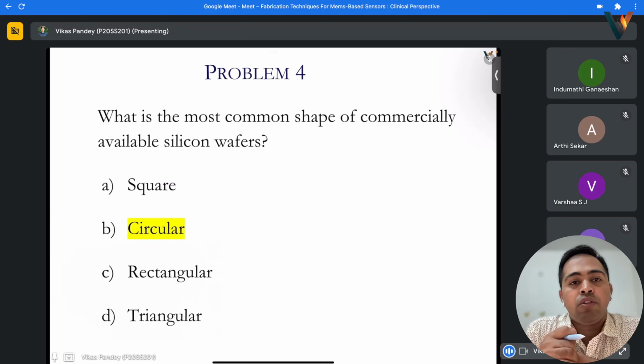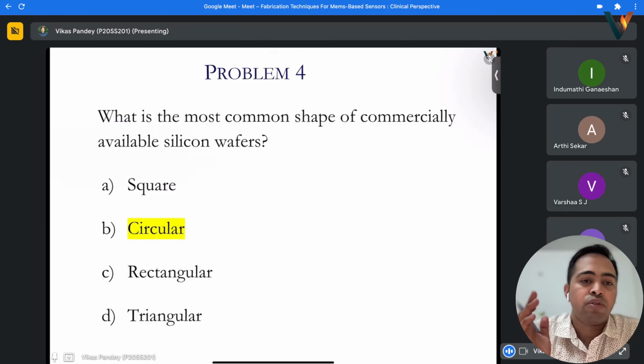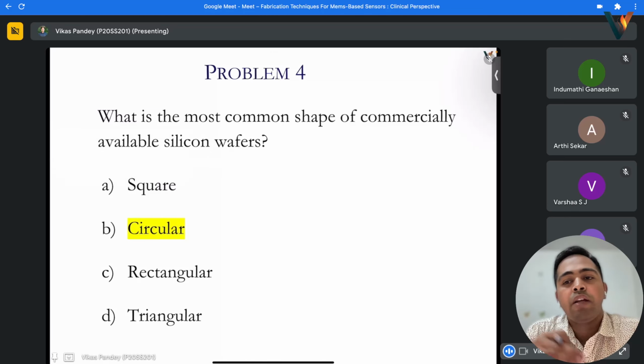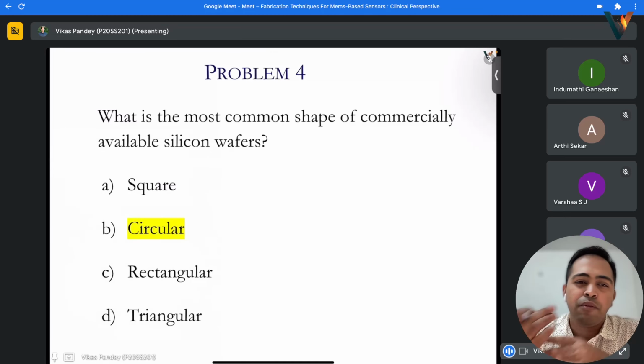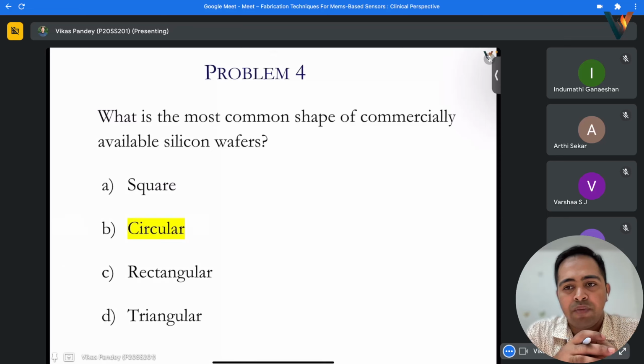One more advantage of using silicon is that silicon manufacturing, silicon based fabs are already quite developed, quite advanced. Nowadays we are talking about 5 nanometer, 3 nanometer processors in our mobile phones. So using the same facility, we can make our sensors also. That is why we mostly go for silicon wafers.